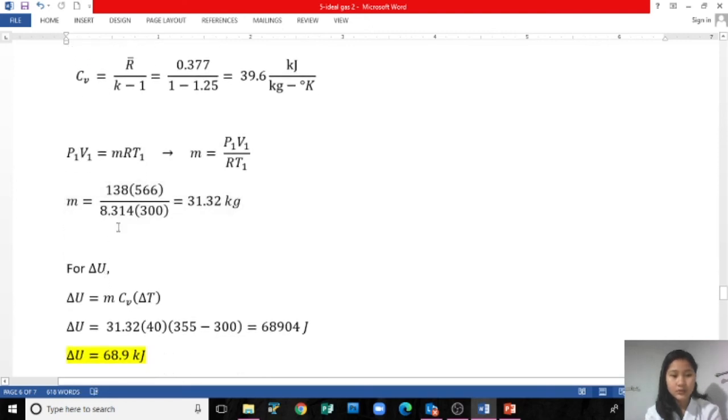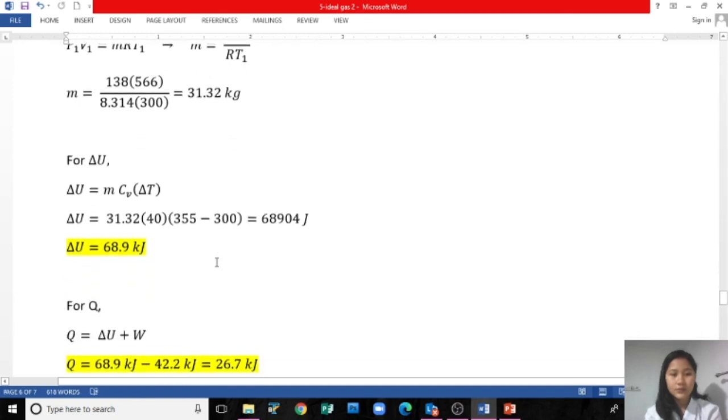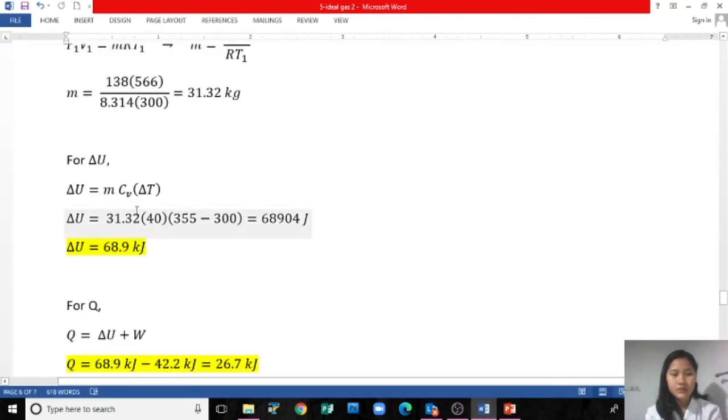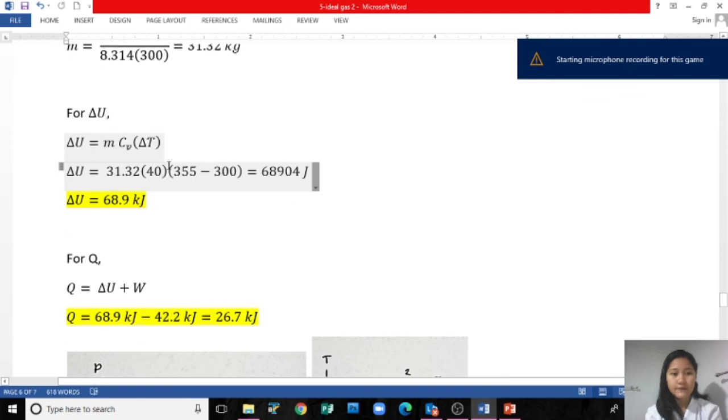Substituting all the given to the equation, mass is therefore equal to 31.32 kilograms. Now for the delta U, we have the formula delta U equal to mass times the specific heat times delta T. Substituting all the given to the equation, delta U is equal to 68.9 kilojoules.